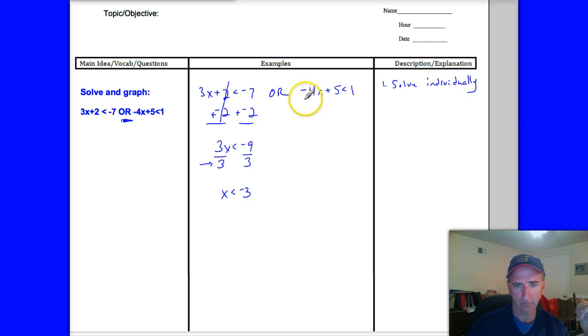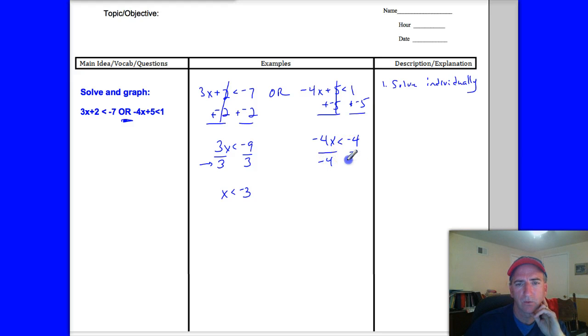Now, this one over here, if we solve this one, let's add -5 to both sides. Solve that. 1 plus -5, and that would give me -4. Over here I have -4x, because my 0, that zeroed out right there, -4x is less than -4.